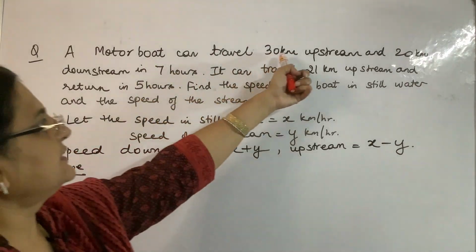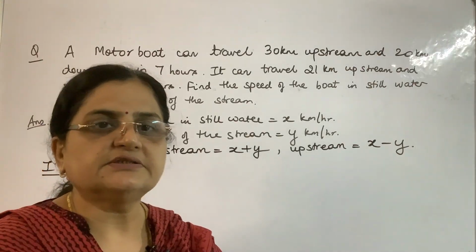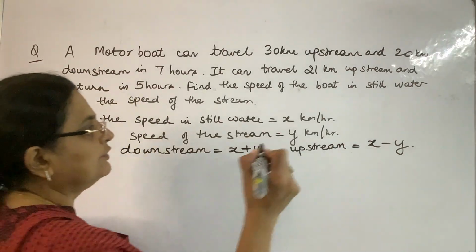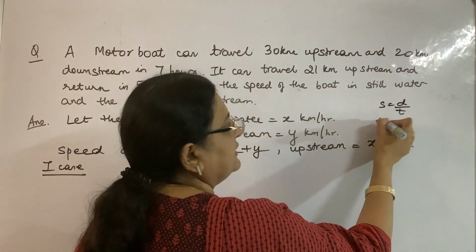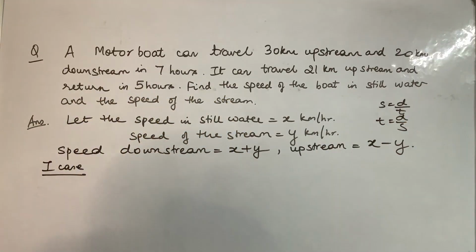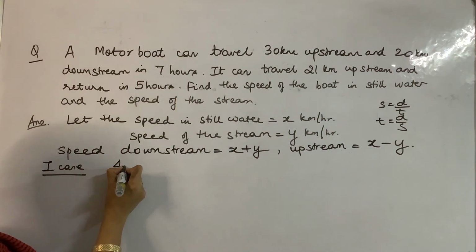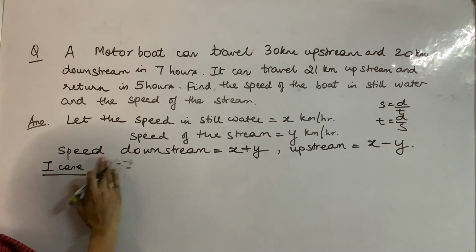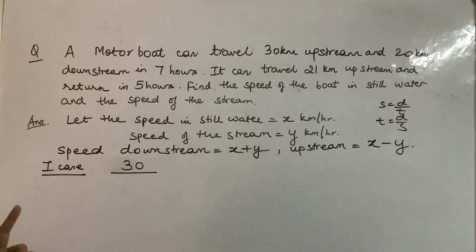The boat can travel 30 km upstream. 30 km upstream means the time required is what? We know that speed is equal to distance upon time, or from here we can say time is equal to distance upon speed. So what is the distance? 30 km. And what is the speed?